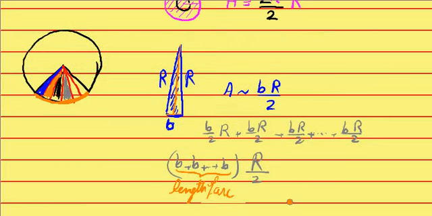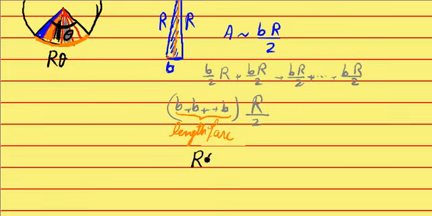So if this angle is a theta, then the arc in front of it is going to be r theta. So length of the arc is r theta, and half the height is r over 2. So this all boils down to theta over 2 r squared.